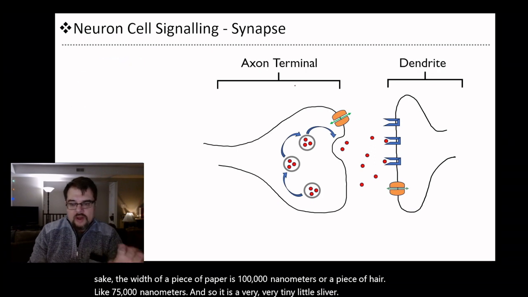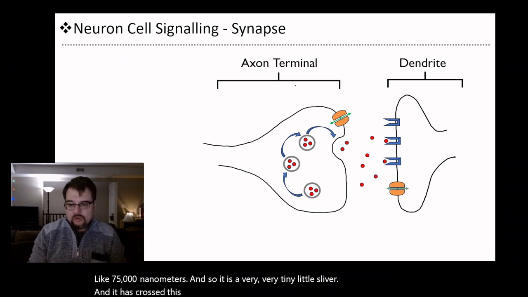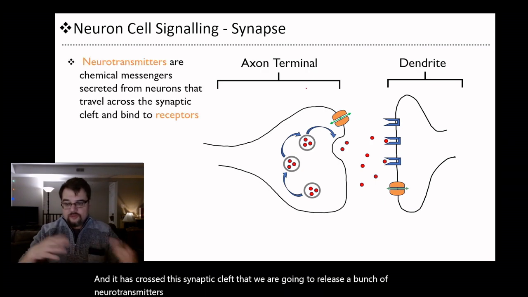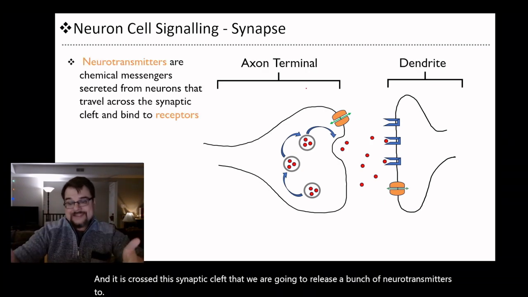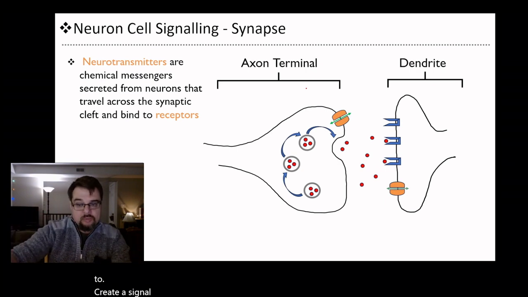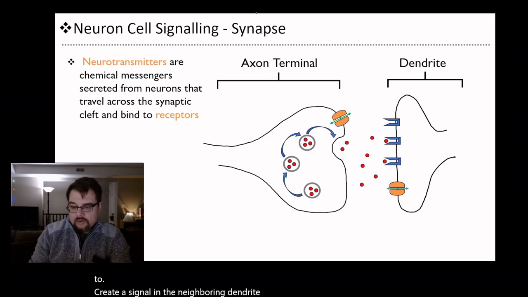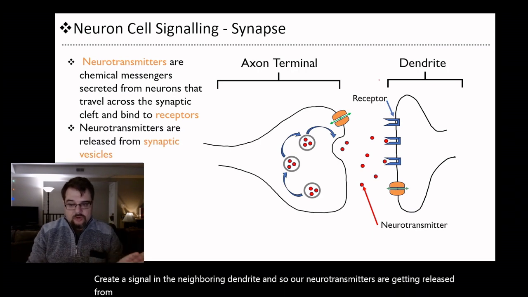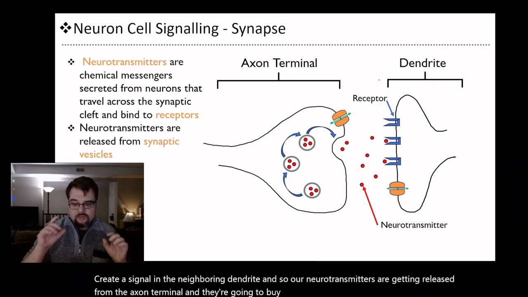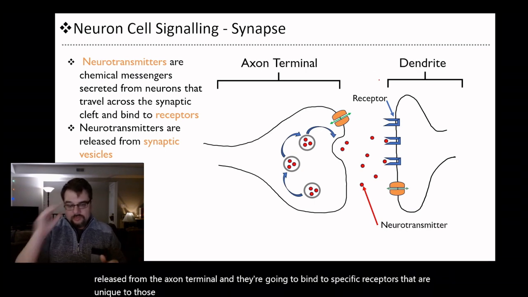It is across this synaptic cleft that we release a bunch of neurotransmitters to create a signal in the neighboring dendrite. Our neurotransmitters are released from the axon terminal, and they bind to specific receptors that are unique to those neurotransmitters.